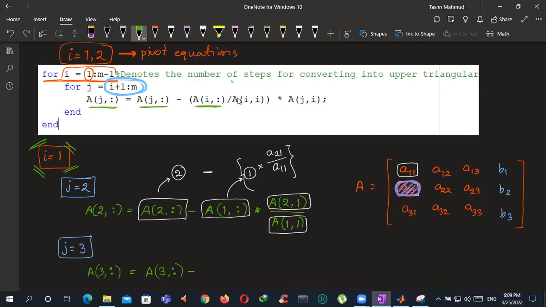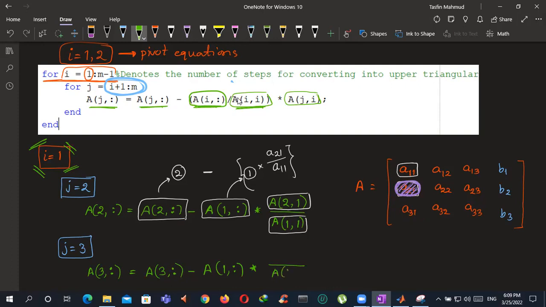So the value of I is still 1 because the pivot equation is still the first equation. So a I comma colon, I comma colon means 1 comma colon, and we are multiplying this by this coefficient and dividing it by this coefficient. So dividing it by a I I, what?